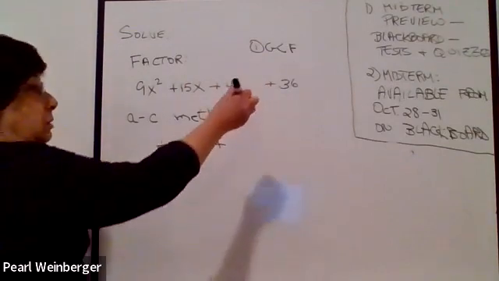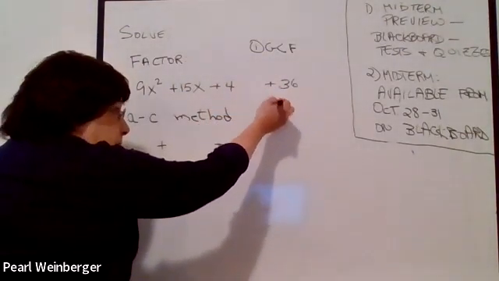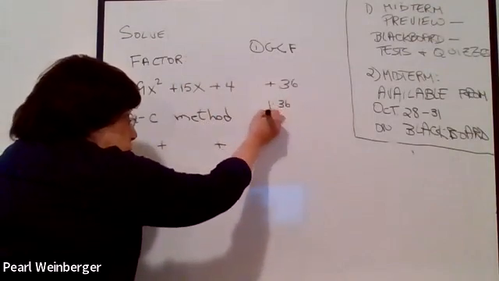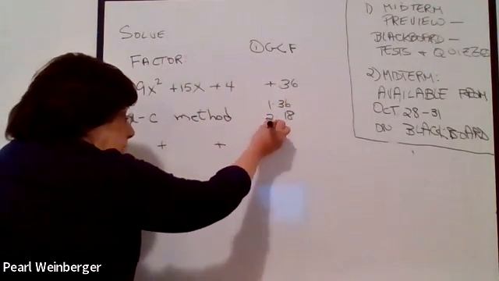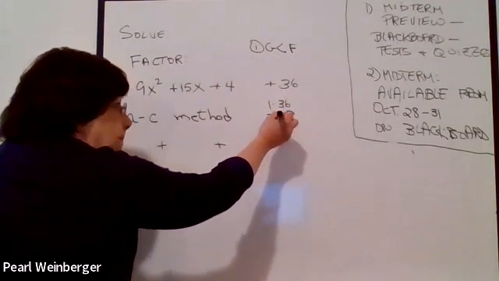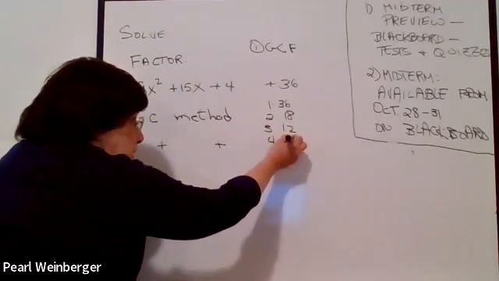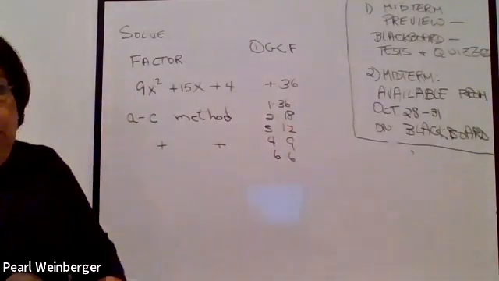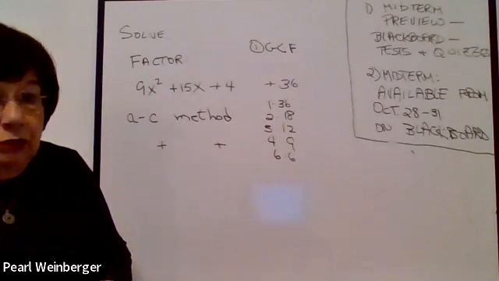Well, let's look at the numbers that we know that multiply to 36. There's 1 times 36. There's 2 times 18. There's 3 times 12. There's 4 times 9. There's 6 times 6. There are a lot of combinations of numbers that multiply to 36.